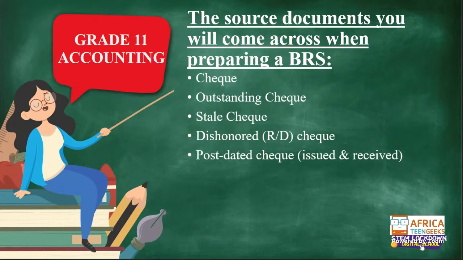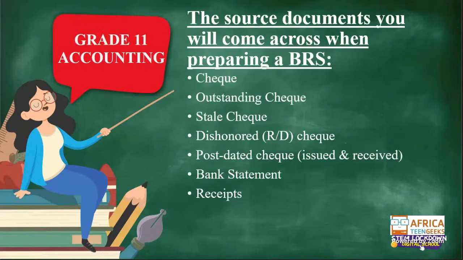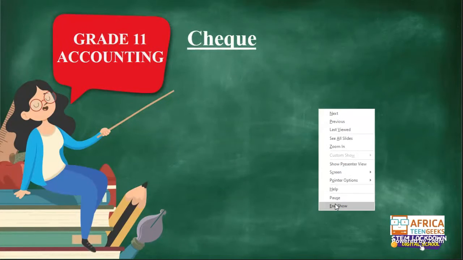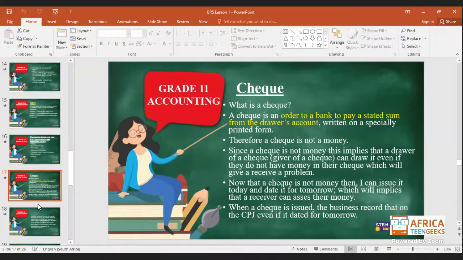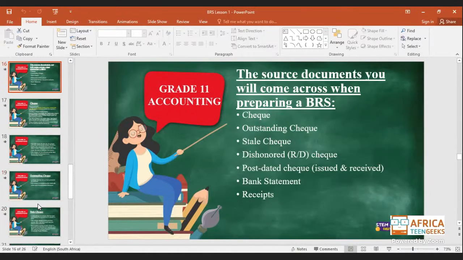And the post-dated checks issued and received, we will be looking at that tomorrow, and the sample of a bank statement, the receipts also. So tomorrow we'll be defining what a check is, and also looking at these terms: the outstanding checks, the stale check, the dishonored check, post-dated checks received and issued, and also the sample of the bank statement and the receipts.